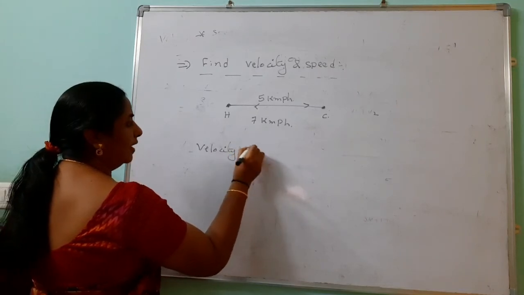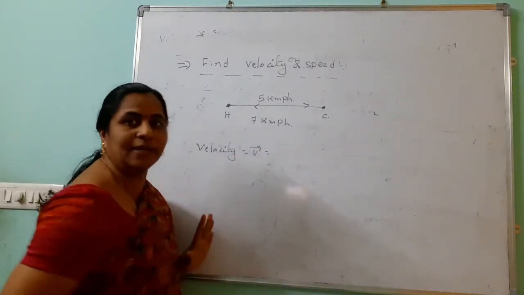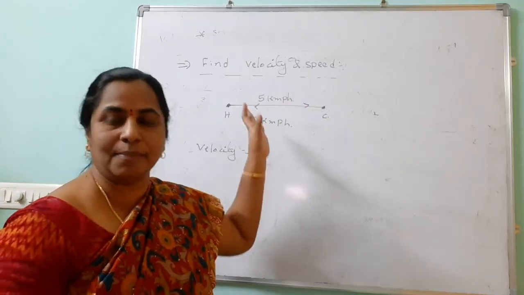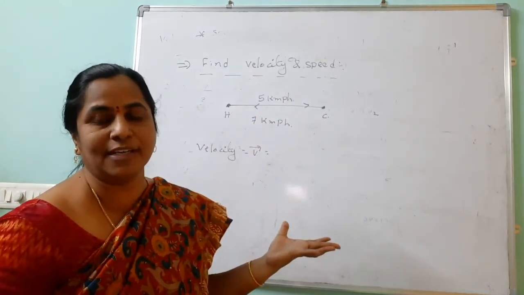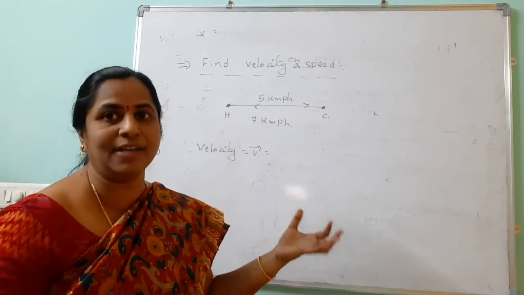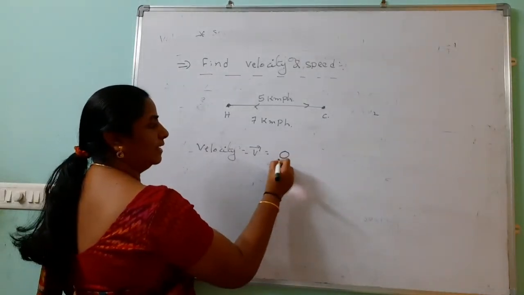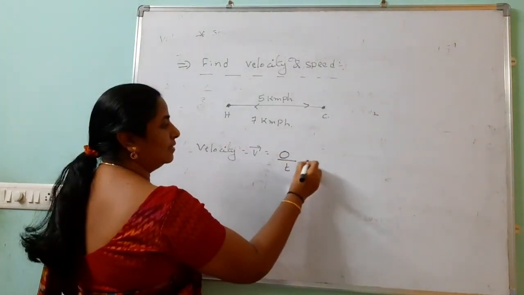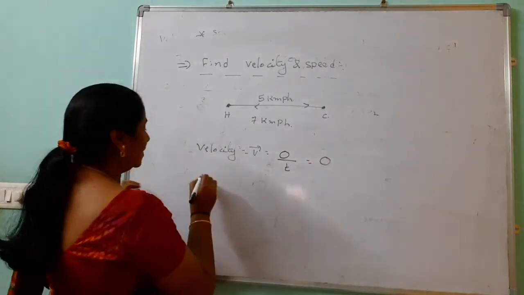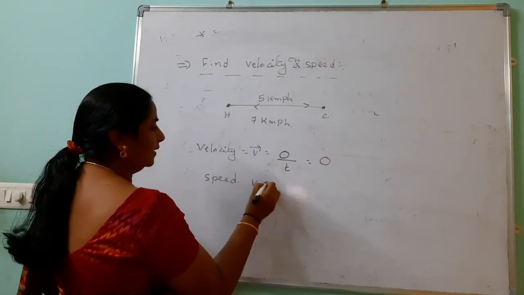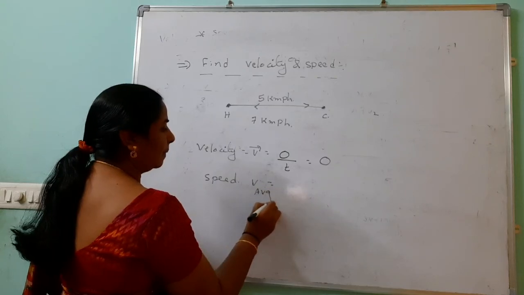You know that velocity is displacement by time. You started at home, reached the college, then came back home. Displacement equals 0, because your starting point and ending point are the same. That's why displacement by time equals 0. But how do we find the average speed in this case?